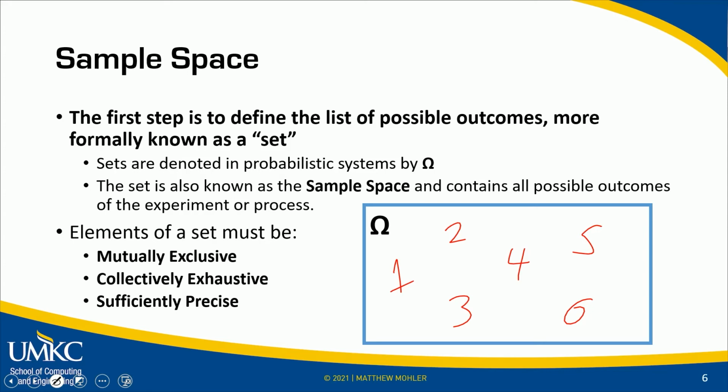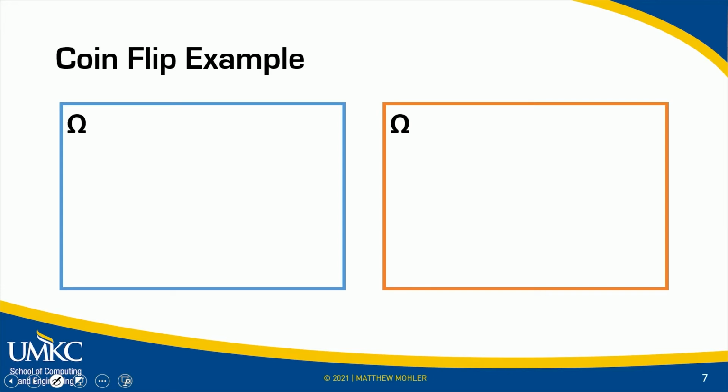Now, if we take a look at a different example here, let's go back to our coin flip for a second. In the basic case, we have heads and tails. And those are the only two elements in our sample space. But let's say that we want to take this a little bit further. Let's say that we happen to look out the window and see if it's raining.